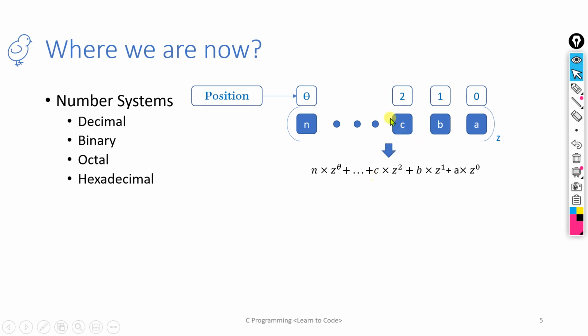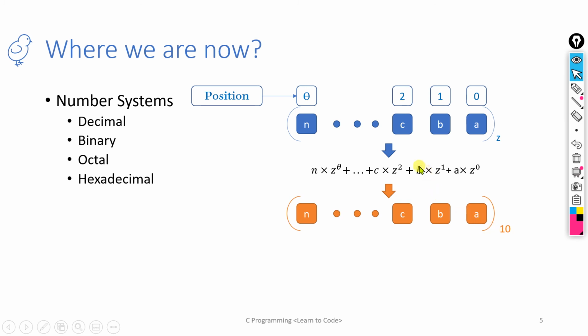This is another digit, so c into z to the power 2. Similarly b into z to the power 1, a into z to the power 0. When you perform this operation, you will get another number, let's say ABC up to n, and obviously this base will automatically change to decimal.